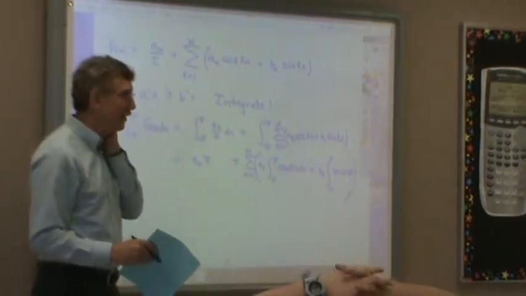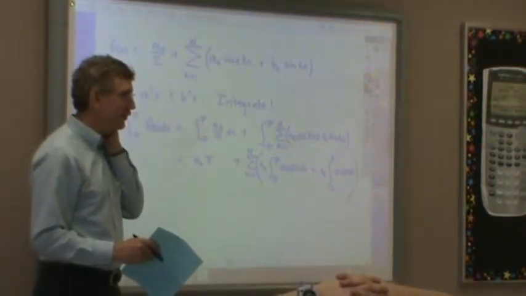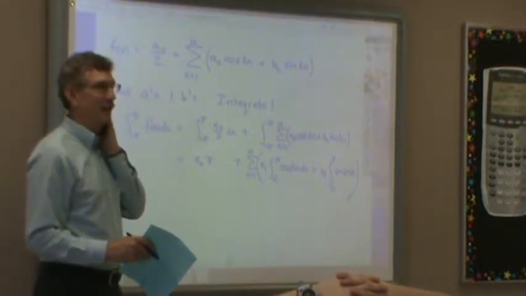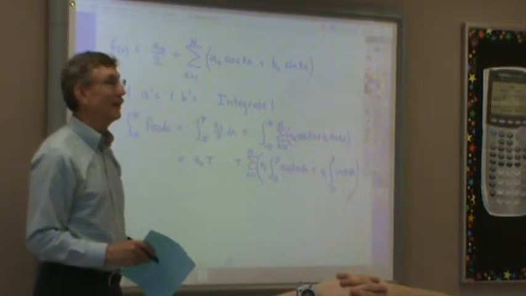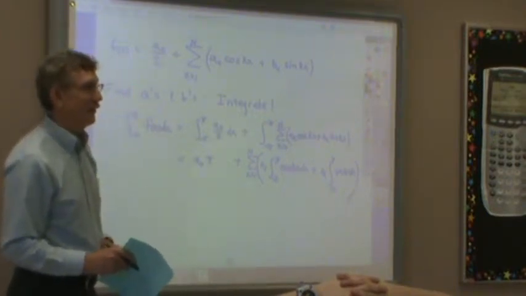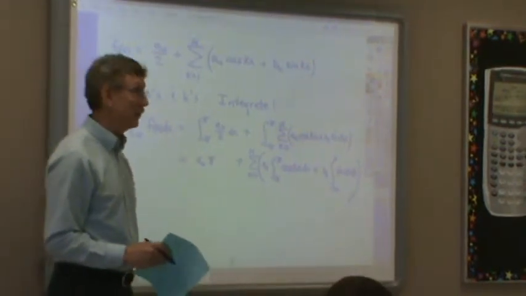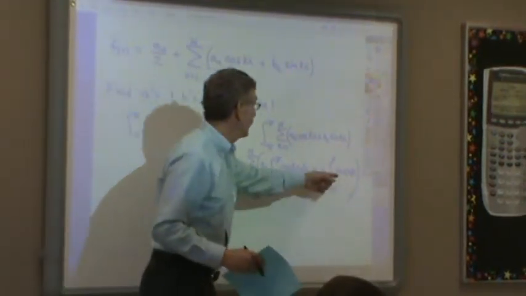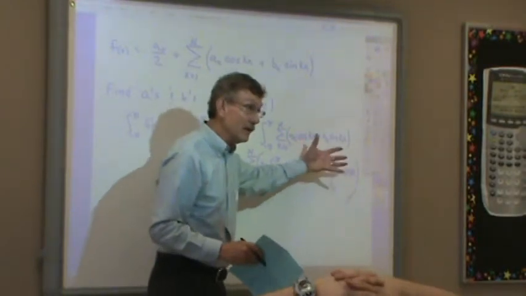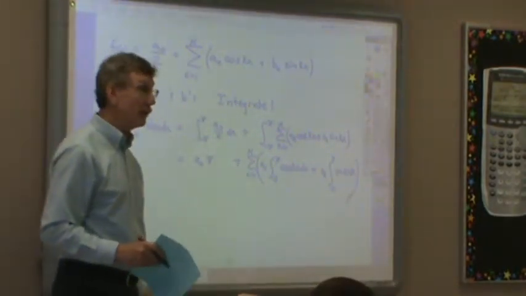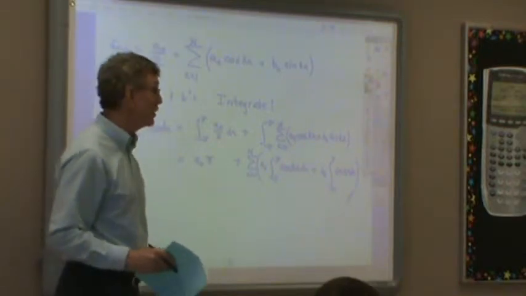The cosine? Yes, it will. And the sine? It's 0 also. Both of these are 0. This is an odd function, so it's 0 by virtue of the fact that it's an odd function. This one is not an odd function, but we did the integration and we found that, yep, it's 0.